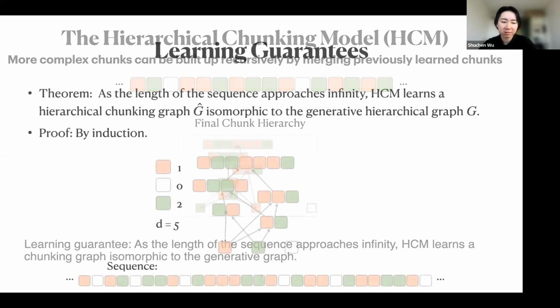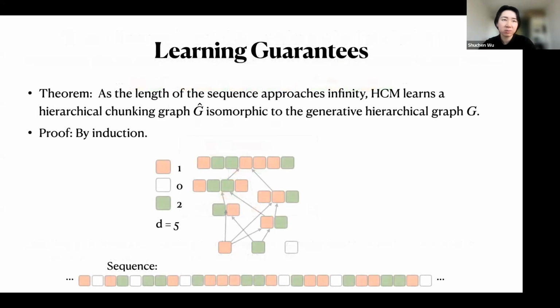The proof is by induction, but it's very dependent on how this generative model is set up, and the learning process essentially picks the chunk that has the biggest probability mass that violates the independence criteria.